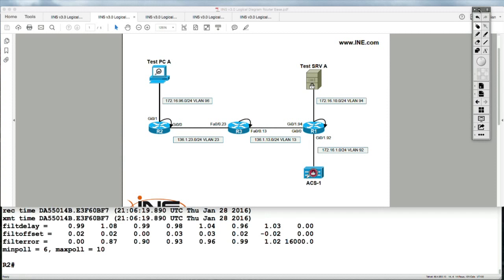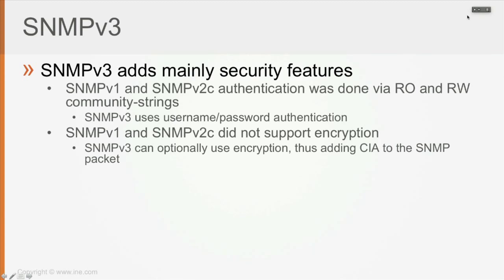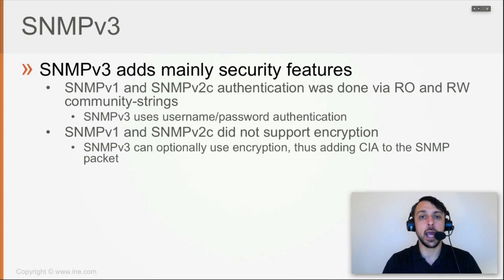And why did I need those? Because in SNMP version 1 and version 2C, authentication of SNMP packets between the agent and the manager was done via read-only or read-write community strings. Because the set action requires read-write access to change the configuration of the device, while the get action requires only read-only, that's why we have two types of access methods from the manager to the agent.